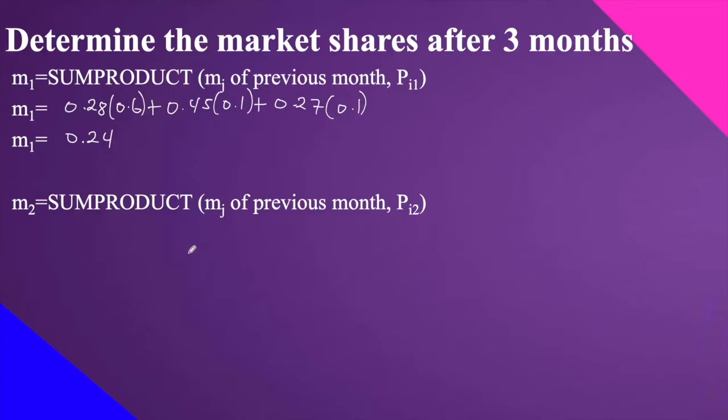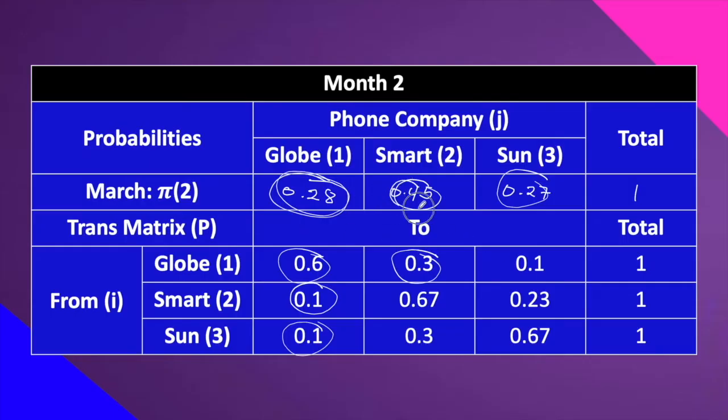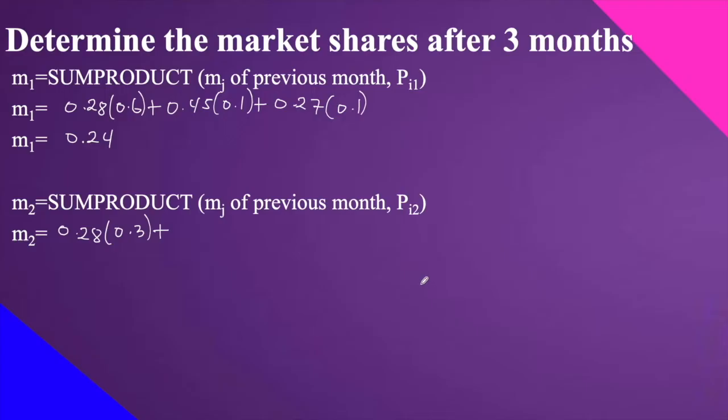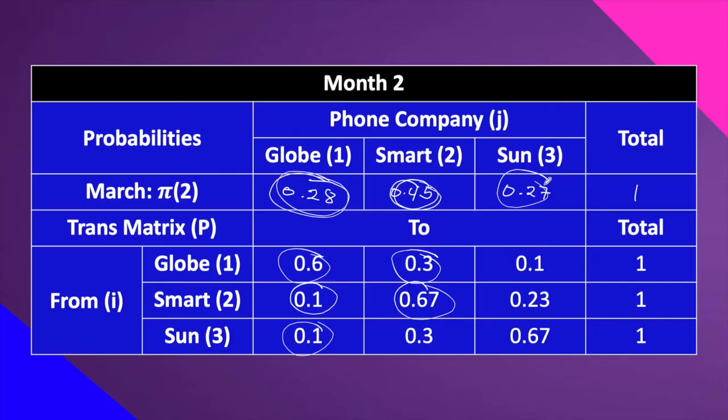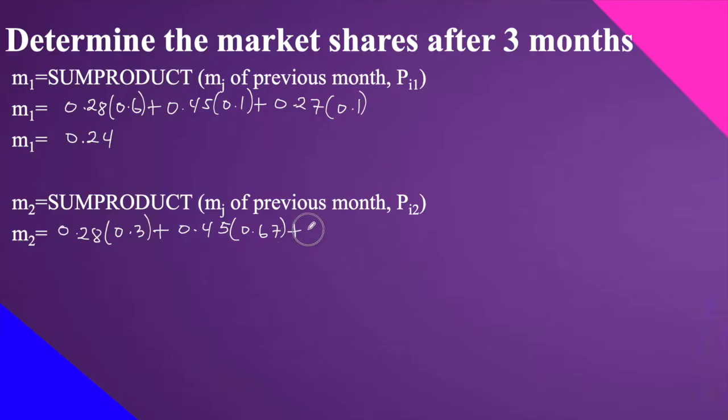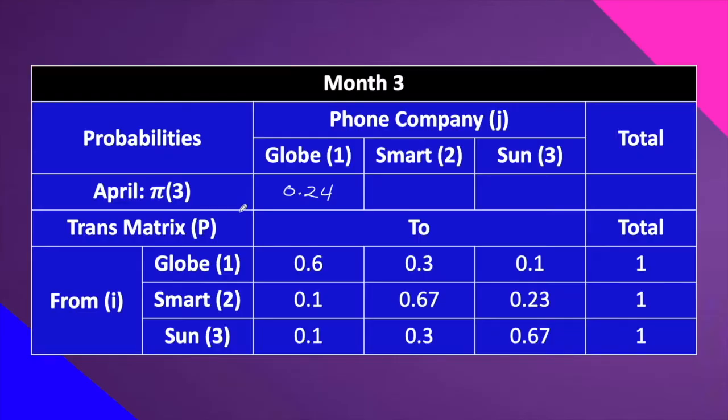So, let's have it here. 0.28 times 0.3 plus 0.45 times 0.67 plus 0.27 times 0.3. Upon computation, this is equivalent to 0.47. And that will be the market share of Smart after 3 months.